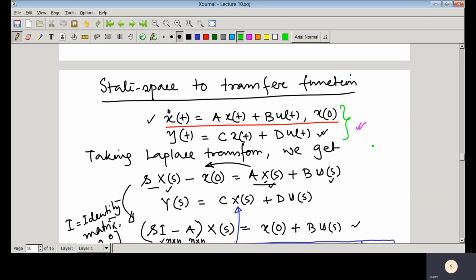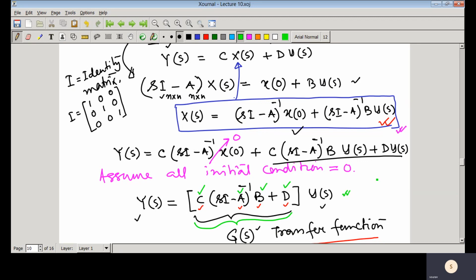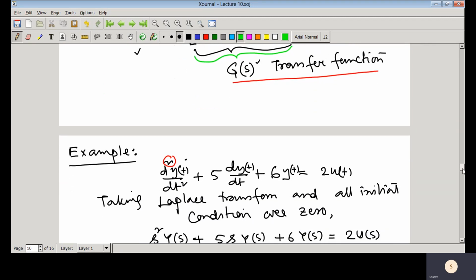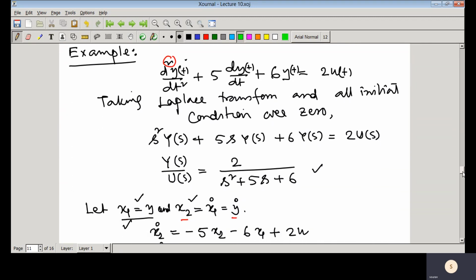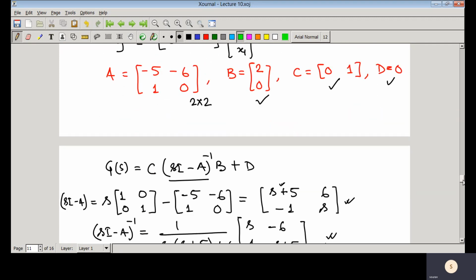Then, whenever you have the state space description, how to find the transfer function, this is the relationship we get, and then we discussed how to find the solution, and we took some examples to understand how to get the transfer function from state space.